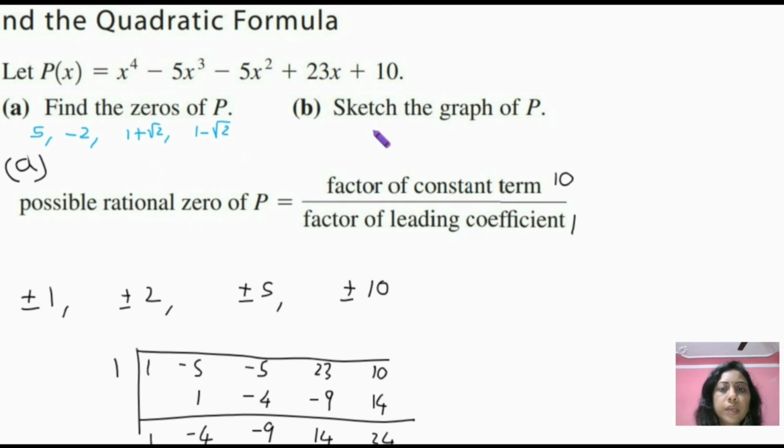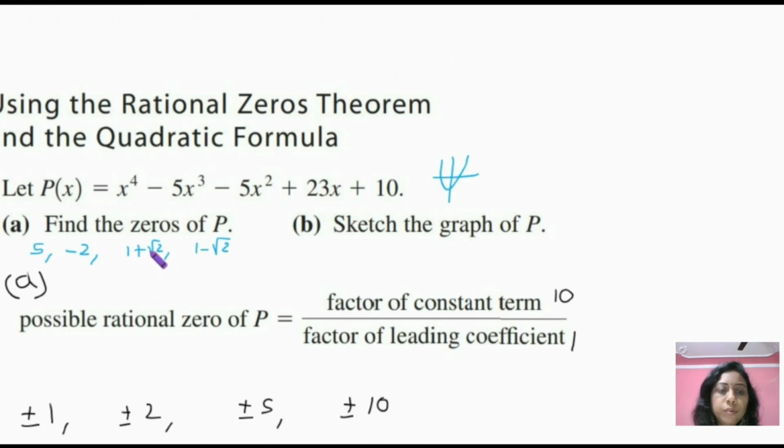Okay. Now we can sketch the graph of P, the given polynomial. The leading term is even degree, and here the leading coefficient is 1. It means our graph looks like this, open upward, and the behavior is: as x tends to infinity, y tends to infinity, and if x tends to minus infinity, y tends to positive infinity.